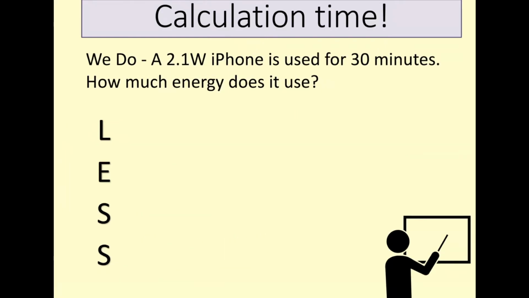So what we've now got is an example for us to do together. So what are my variables going to be? If we type them in the chat, what are our variables from this question? Out of power, energy transferred, time, what variables have we got?